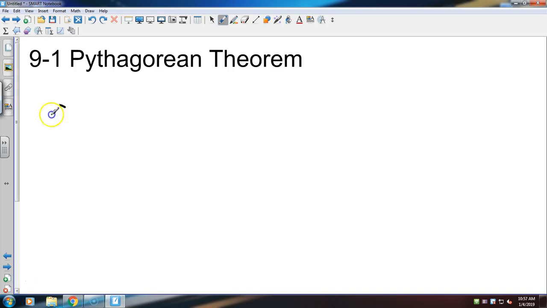So, we have a squared plus b squared equals c squared. Remember, this applies only to right triangles.